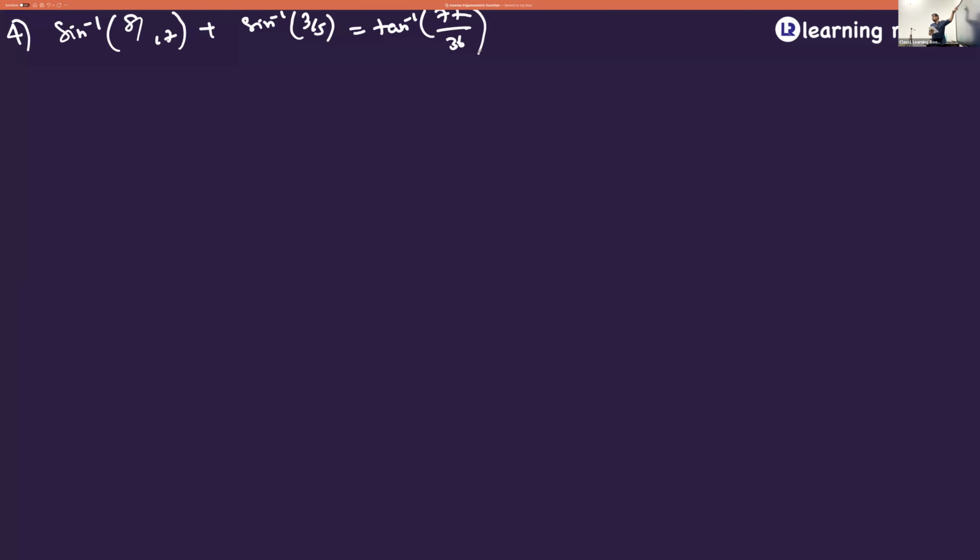Observe, right hand side is in terms of tan inverse. Here both are in terms of sine inverse. So what is the property we know? Tan inverse x plus tan inverse y. Actually you can do sine inverse x plus sine inverse y also, but that's not a part of your syllabus. So we'll go only with tan inverse x plus tan inverse y.